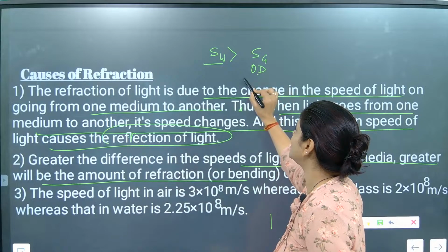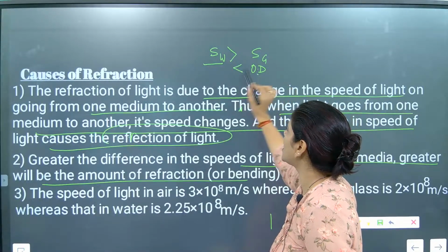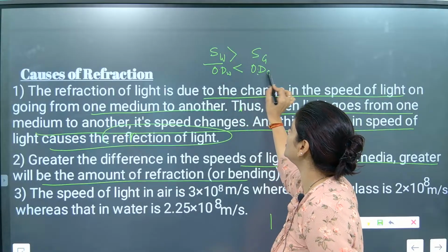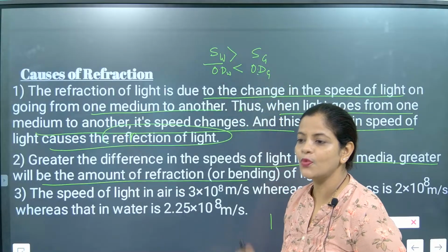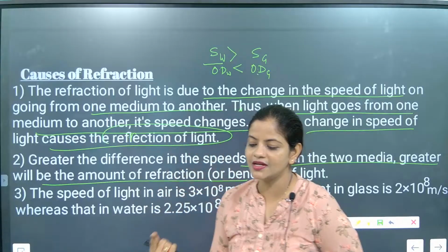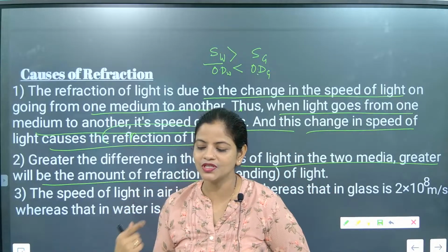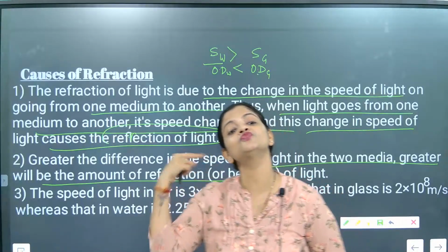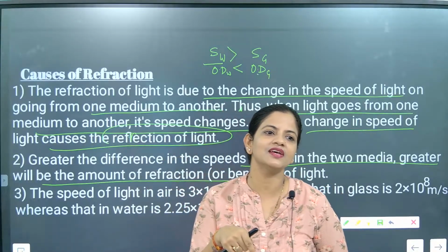Optical density is more for glass, and when optical density is more, the speed will be less. Optical density does the opposite work. Optical density is doing what, beta? Opposite. It is working opposite. Got it? So if the optical density of glass is more, then its speed will become less.